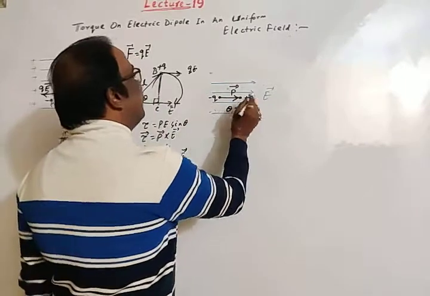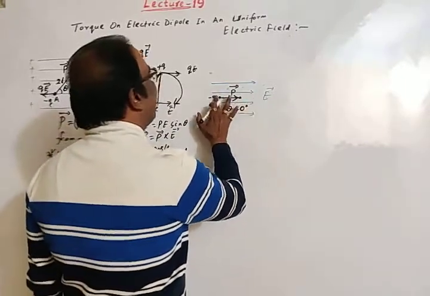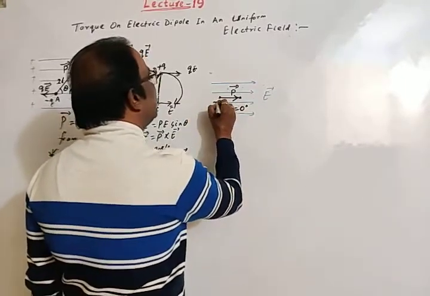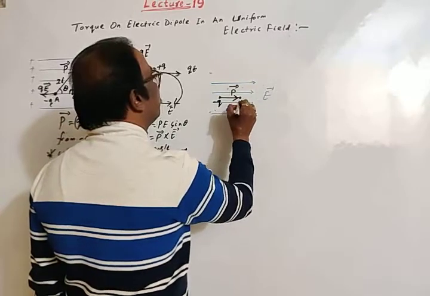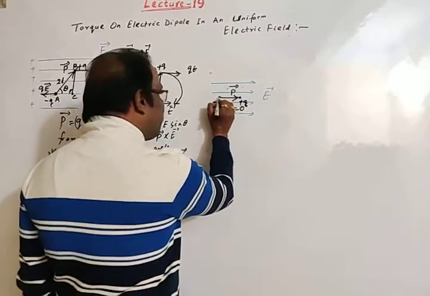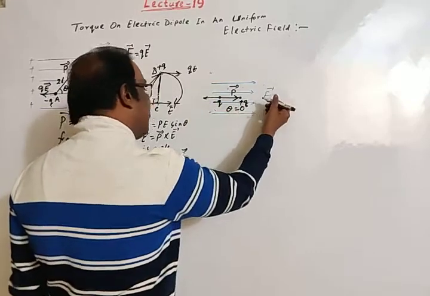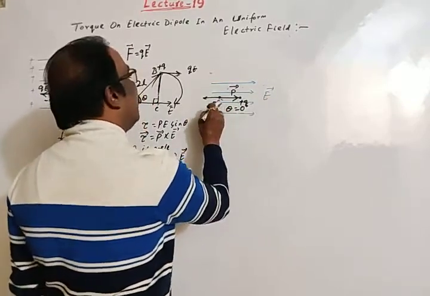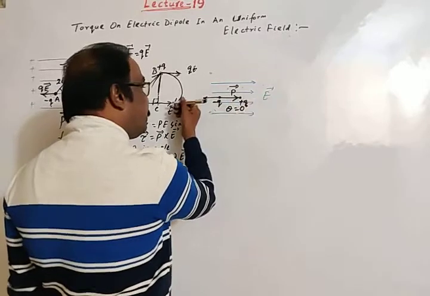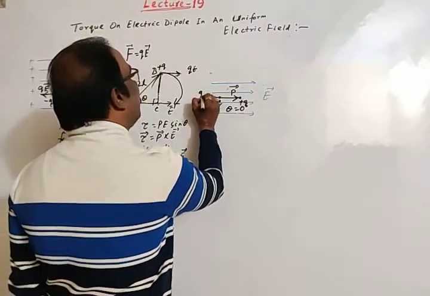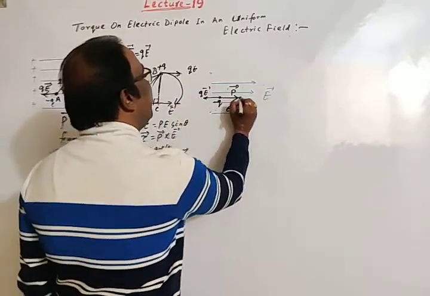See, this is minus Q, this is plus Q. This negative charge will be attracted opposite to the direction of the electric field. This force is QE.